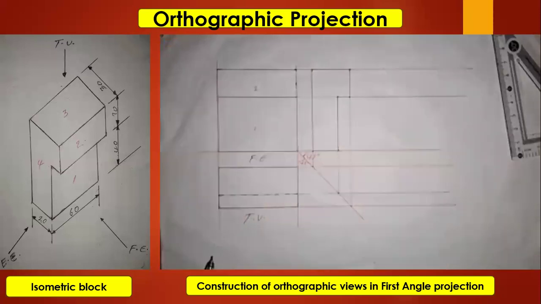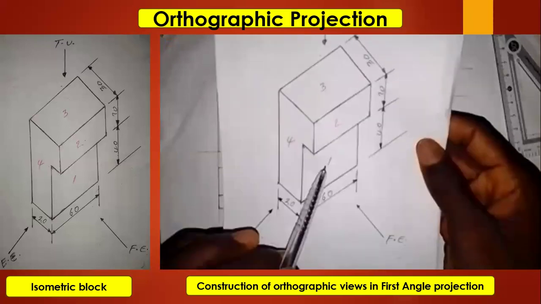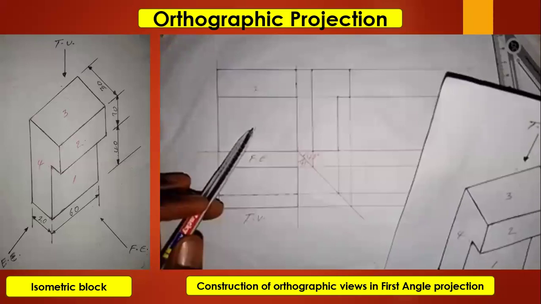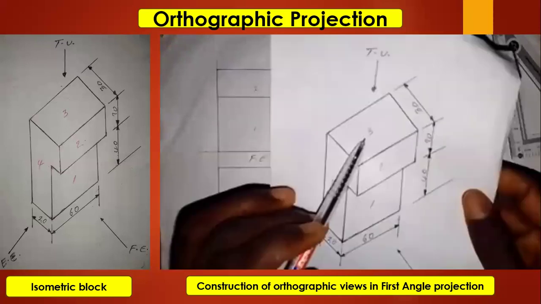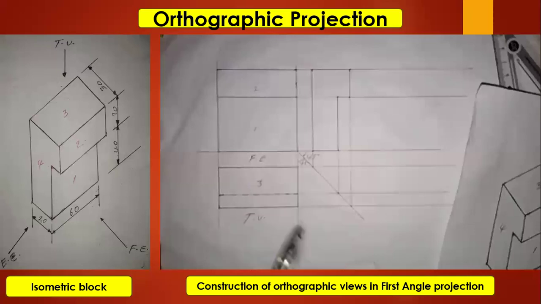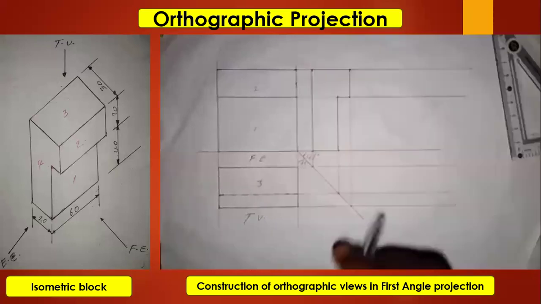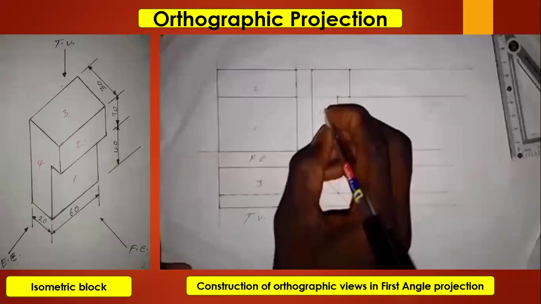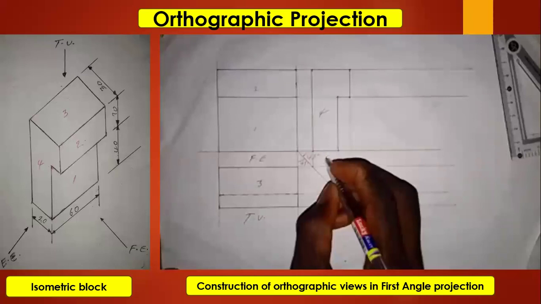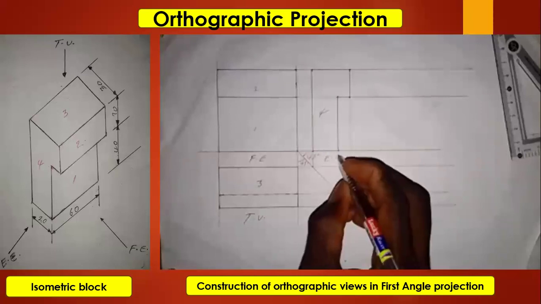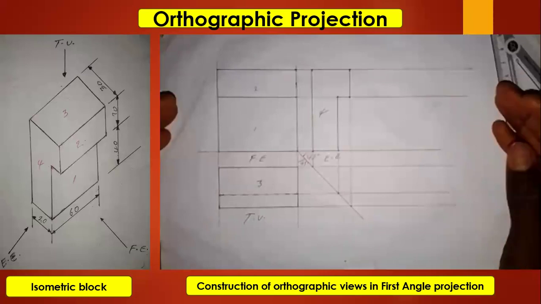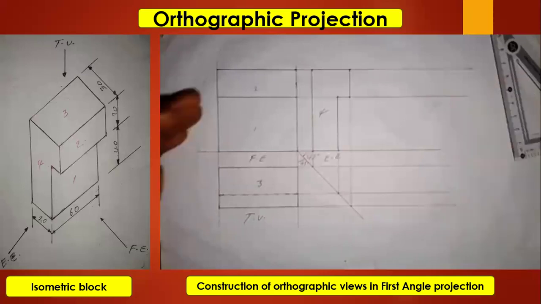So you can see here the front elevation and the end elevation, the orthographic views of this object, as drawn.